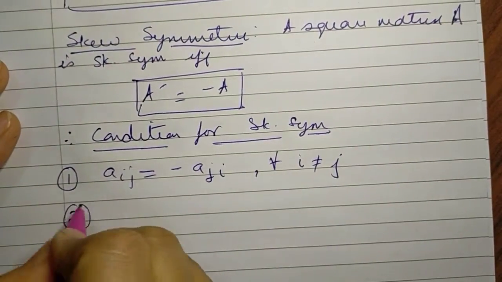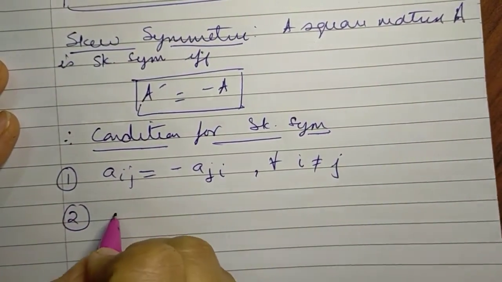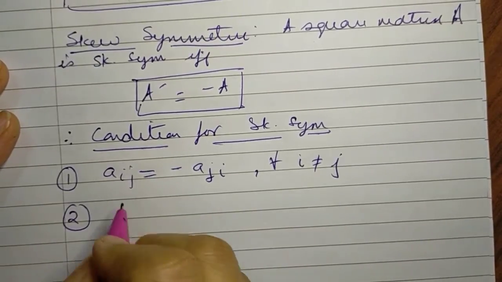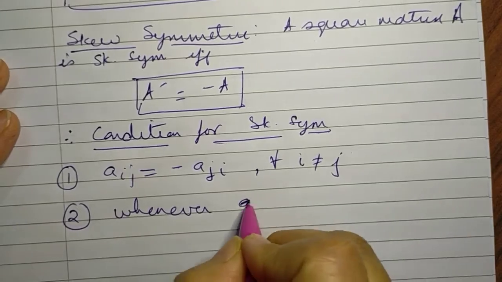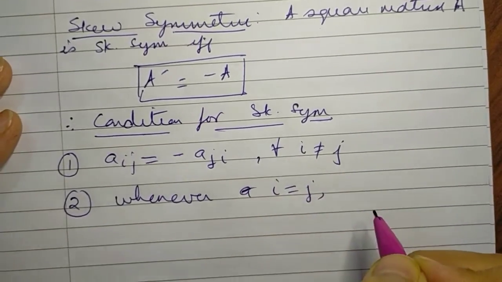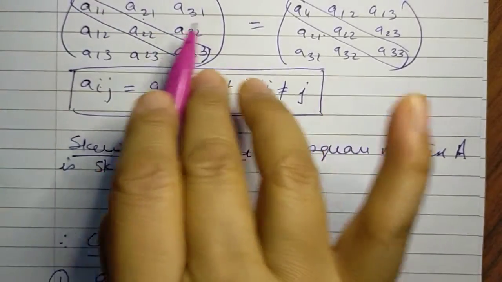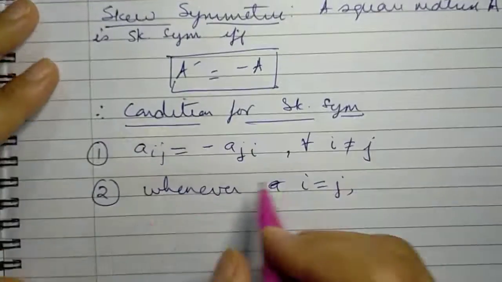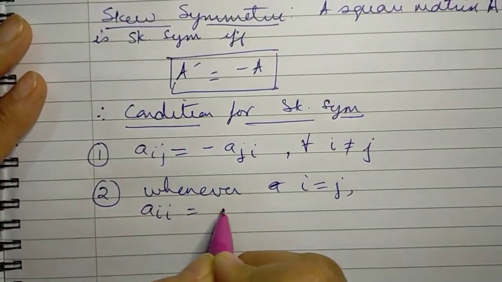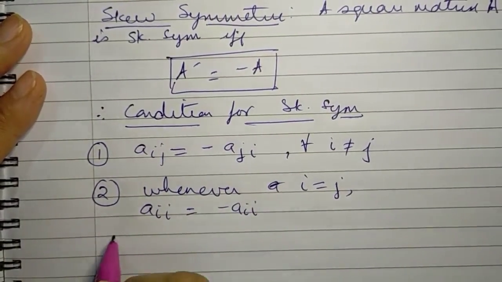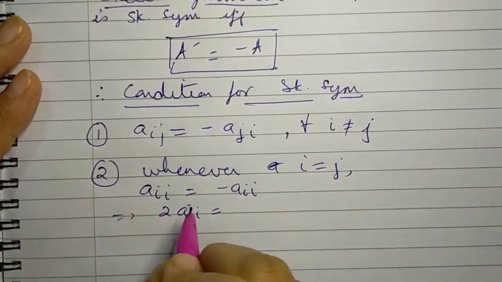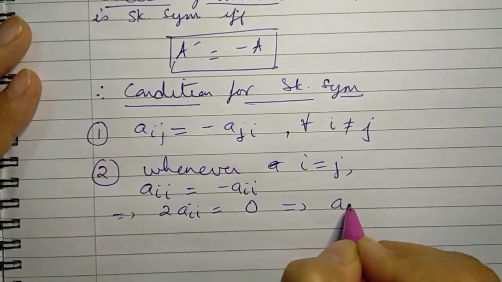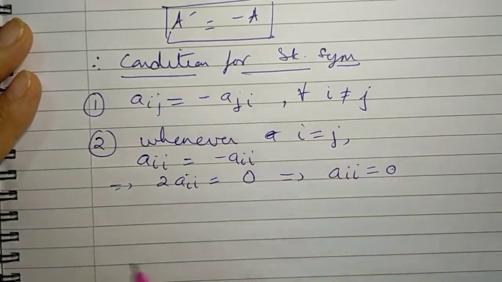And in the principal diagonal, whenever i equals j, what should we have? The same element should be negative of itself, that is Aii should be negative of Aii, which gives us 2 times Aii equal to 0, which gives us Aii equal to 0.